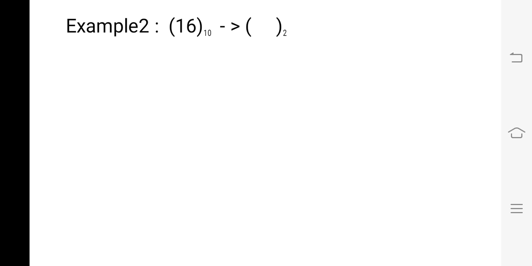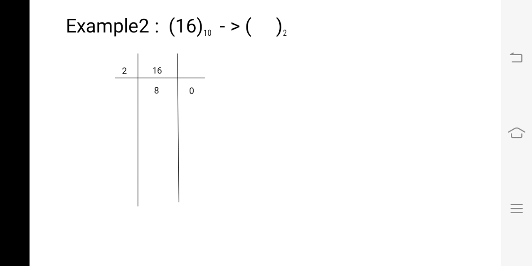See this example. In this example, we have to find the binary equivalent of 16. The same repeated division method we will use. We start with 16 divided by 2, and what will come in the quotient? 8. 8 multiplied by 2 equals 16. We note down the remainder 0 on the right side.